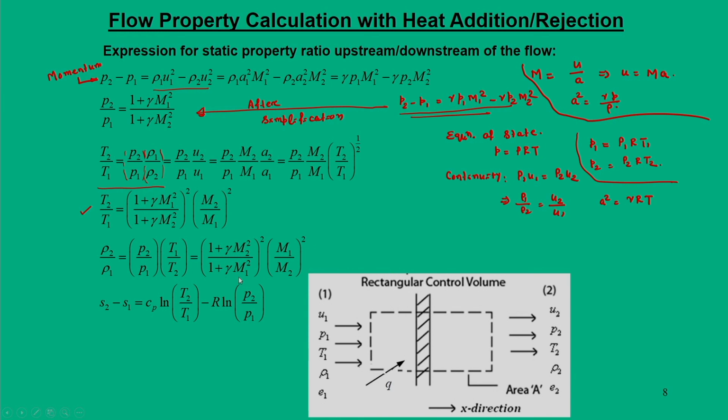So, after simplification we can arrive at this. In other words, what we have done here is that for condition 1 and 2, pressure, temperature and density at the upstream and downstream conditions are expressed as M1 and M2.